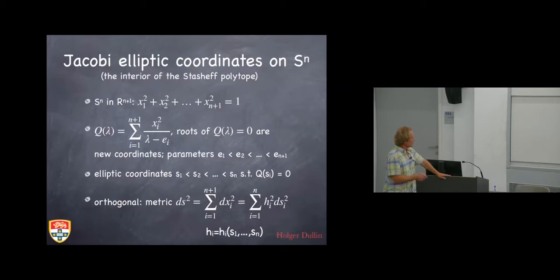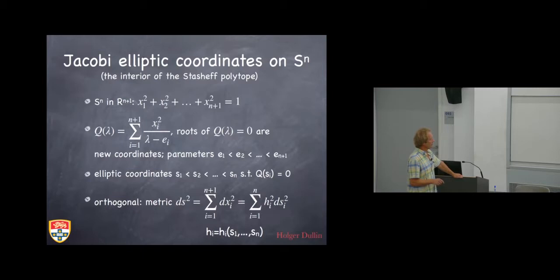So Jacobi says, look at this polynomial here, Q of lambda, which has the sum of xi squared, and then lambda, this argument in the denominator, minus ei. And says the roots of this polynomial are our new coordinates. And you can show that you always have the right number of roots, that they're separated by these poles. And those are the elliptic coordinates.